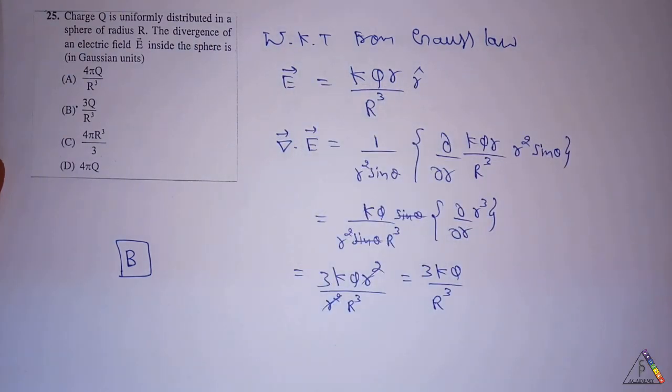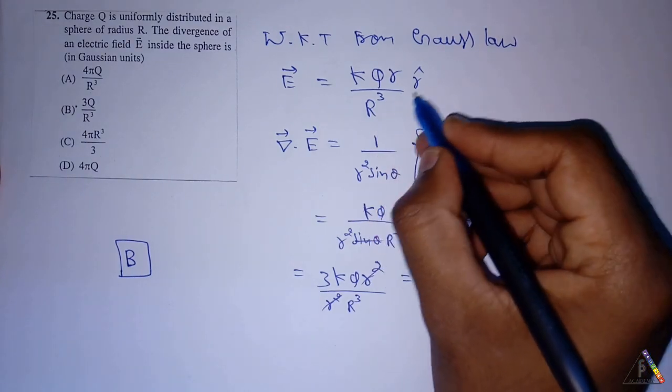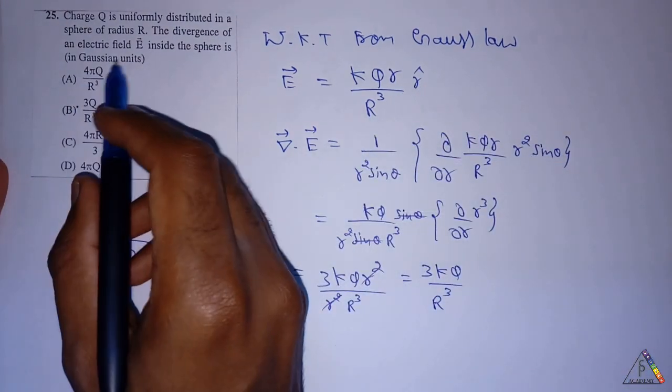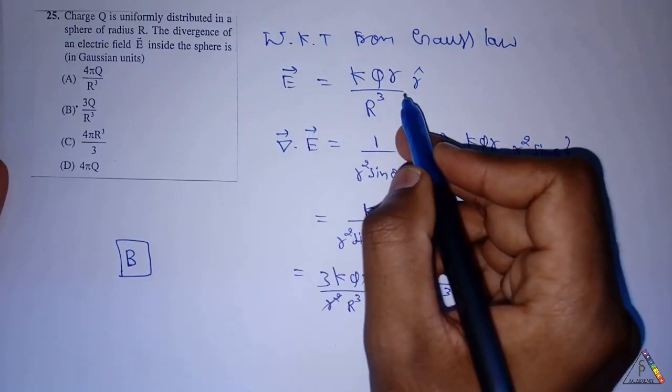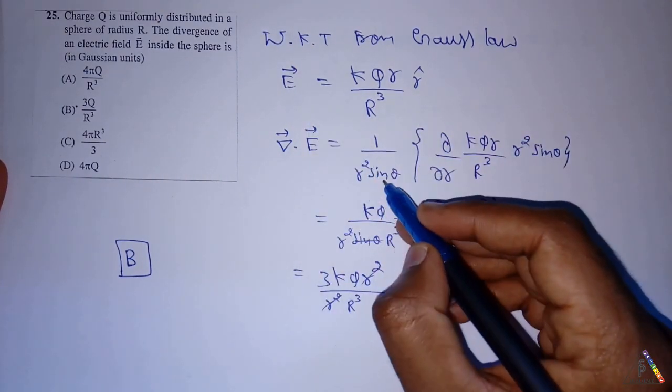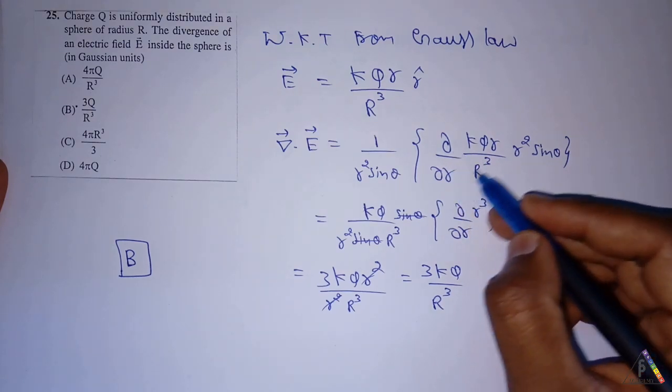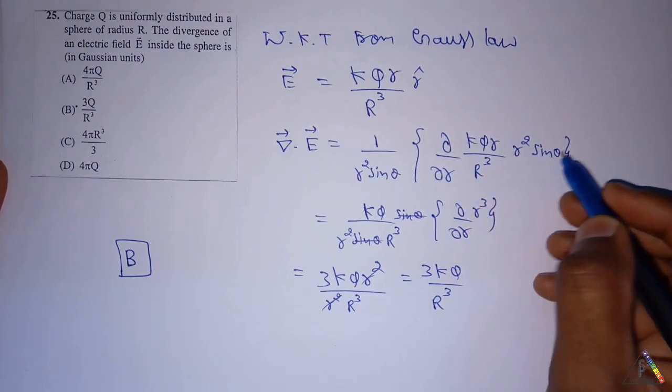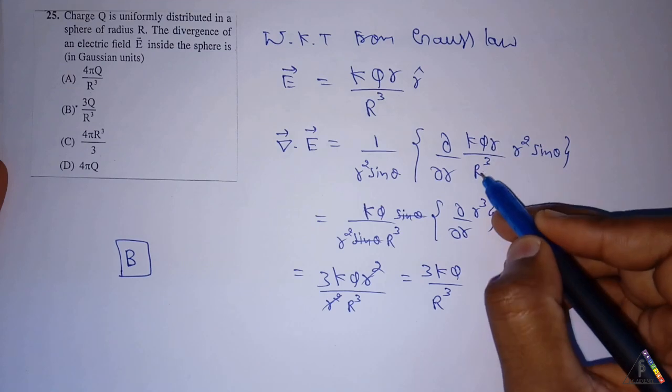We know from our previous videos, that from Gauss law, for a spherical charge distribution, the electric field inside that spherical charge distribution as E vector equals k q r divided by r cube into r cap, and the divergence of this E vector will be 1 by r square sin theta into dou by dou r of k q r by r cube into r square sin theta, where sin theta, k q, r cube are constant.